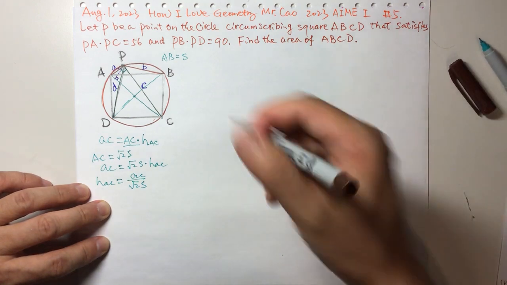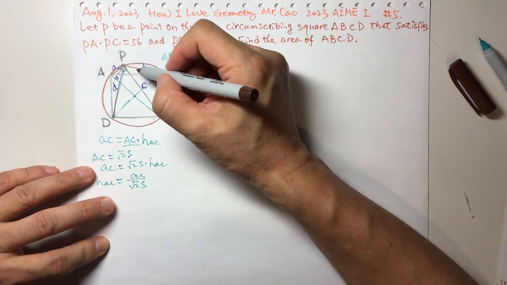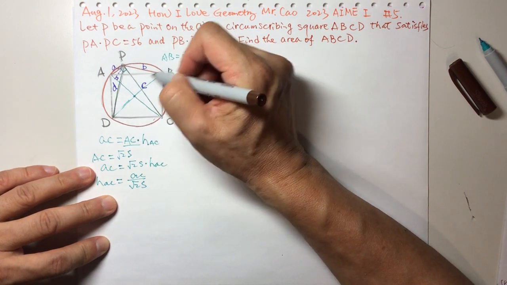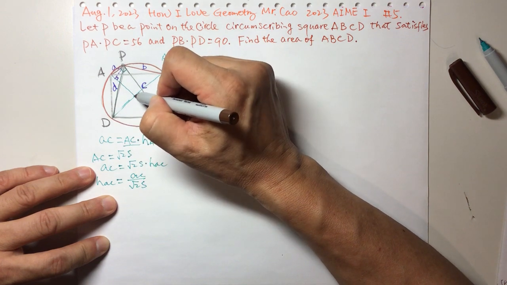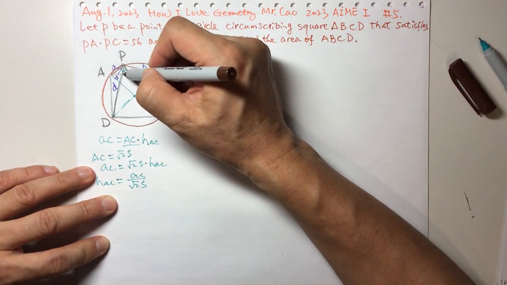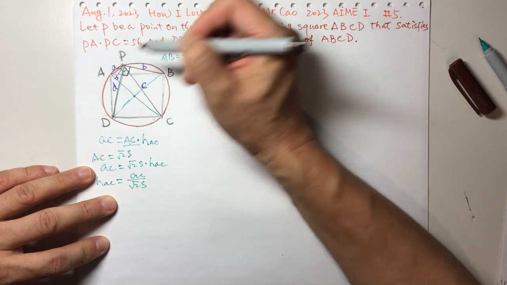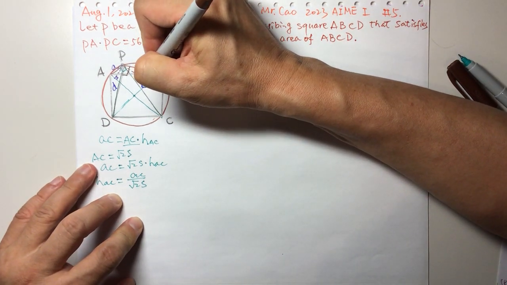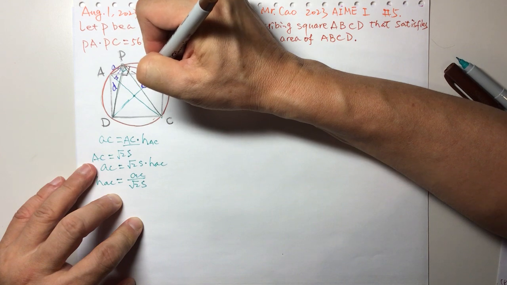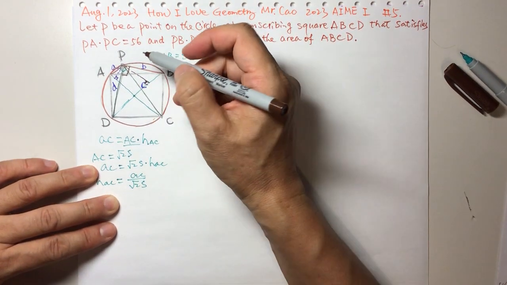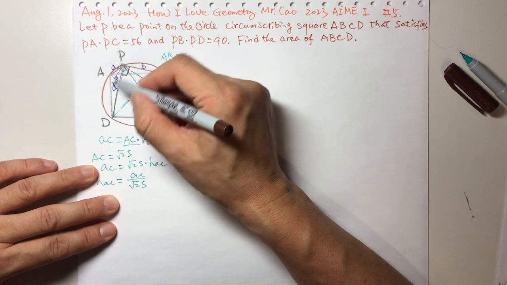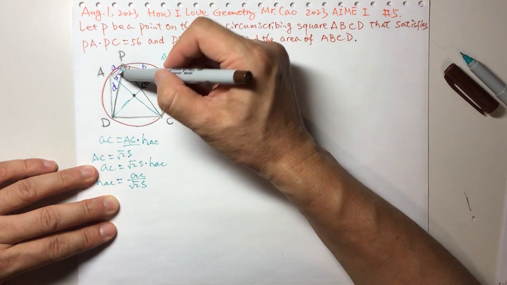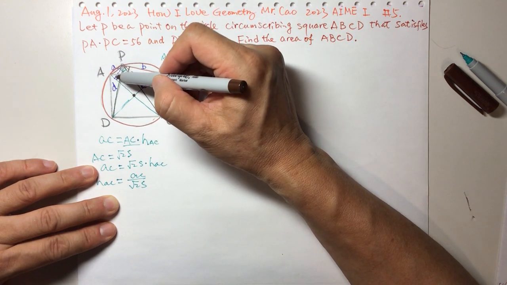Then the same thing for the right triangle DPB. DB is also the diameter of this circle, so this is also a right angle. Why do we get the height this way? Because if we connect the center of this circle, this becomes a rectangle. It's very useful.